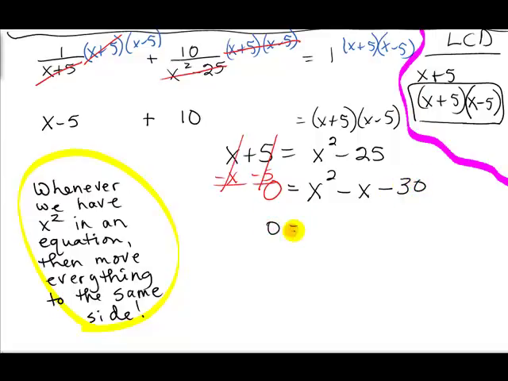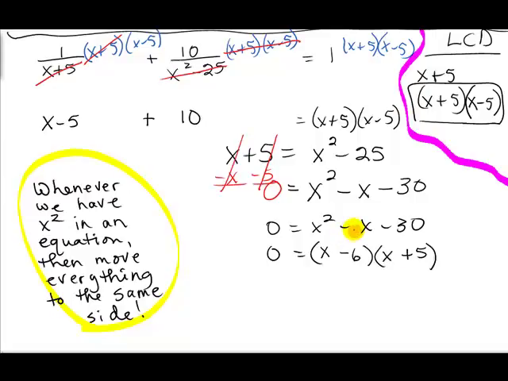So I have 0 equals x squared minus x minus 30, and now I have to factor. We have a trinomial. There's nothing in the first position other than the x's. And if I multiply a negative 6 times a positive 5, I get my negative 30. When I combine the negative 6 and positive 5, I get negative 1.